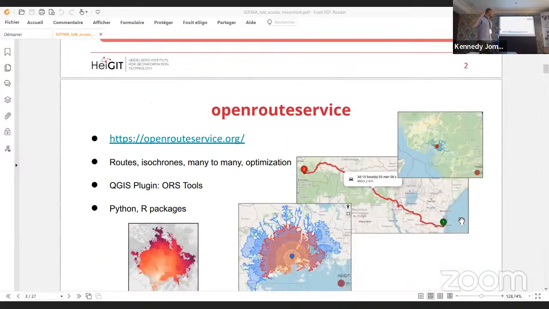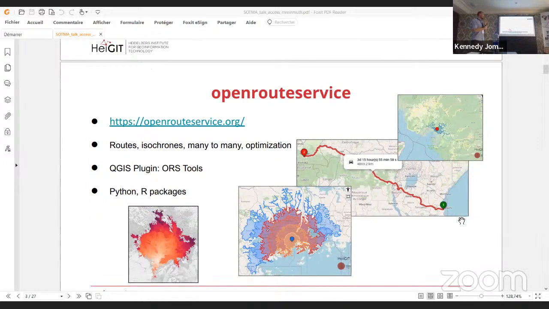Routing for us is mainly one software tool called openrouteservice. Open software on GitHub, free, and based solely on OpenStreetMap data. So every piece of data that is mapped here, also in Cameroon, can be used for routing with openrouteservice.